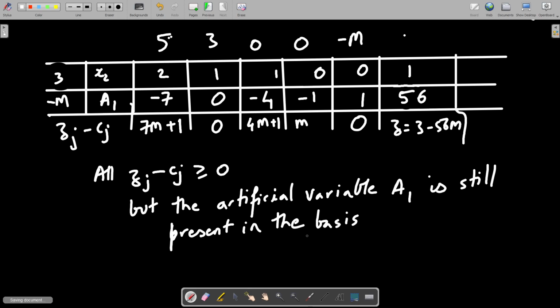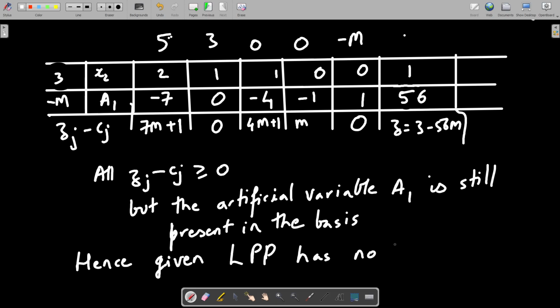Artificial variable is still present in the basis, hence the given LPP has no feasible solution. In other words, no solution. So you cannot find x1 and x2 such that these conditions will be satisfied.